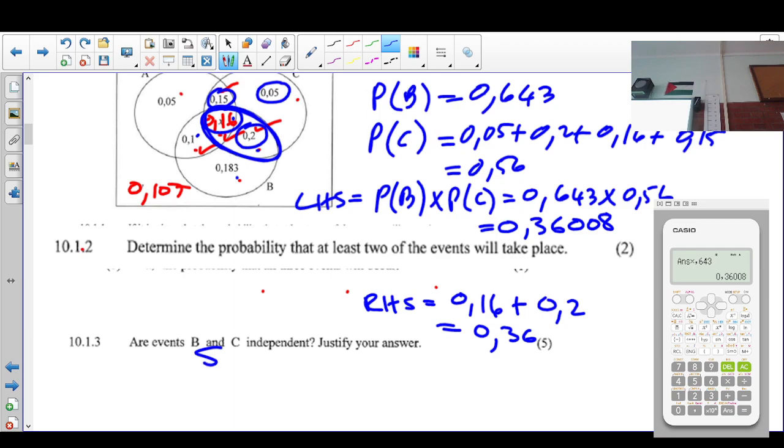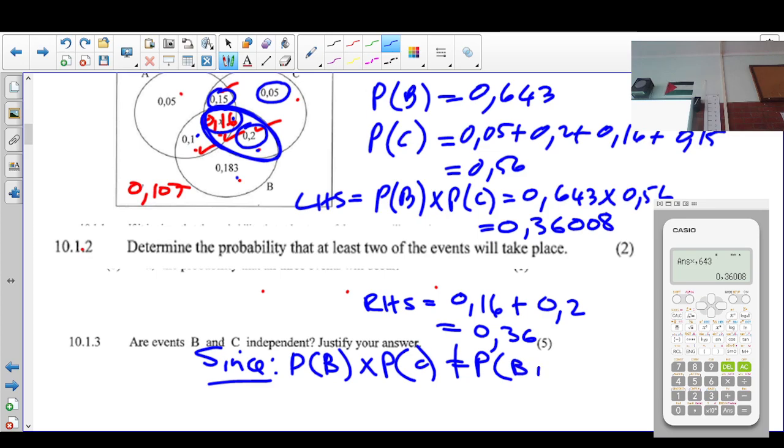the probability of B times the probability of C is not equal to the probability of B intersection C. Therefore, the events are not independent.